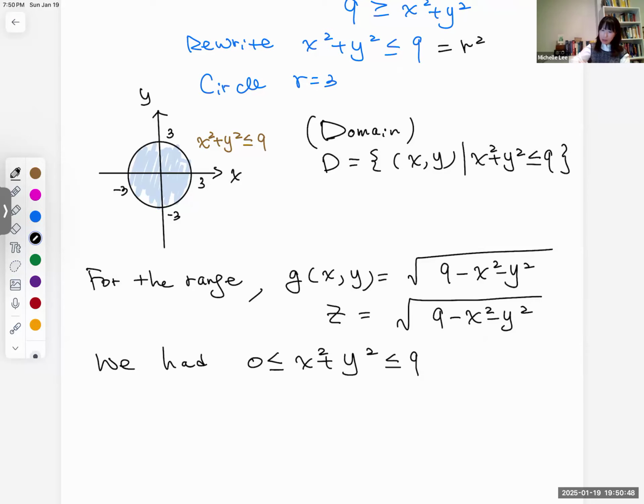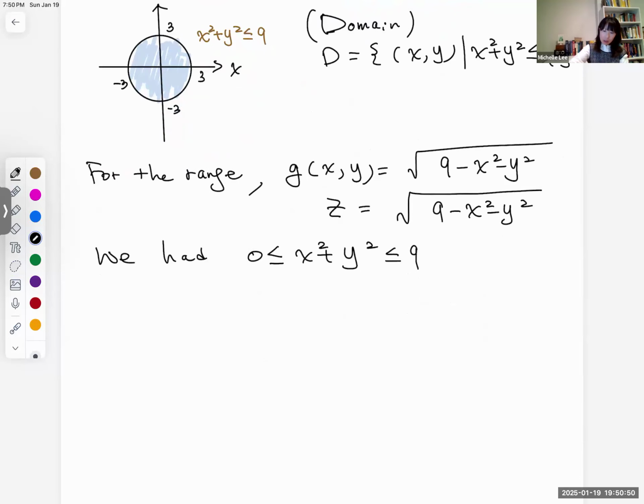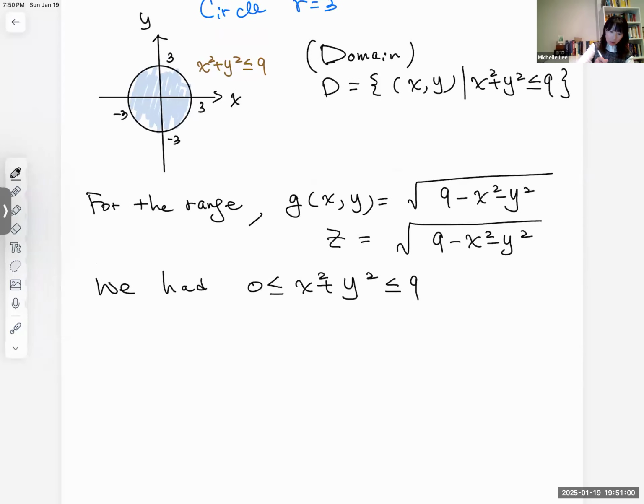Okay, so what is that then? This is z equal to, right? So also a circle, right? So that range will be, this is actually r, right? So this is r squared. This is also r squared.